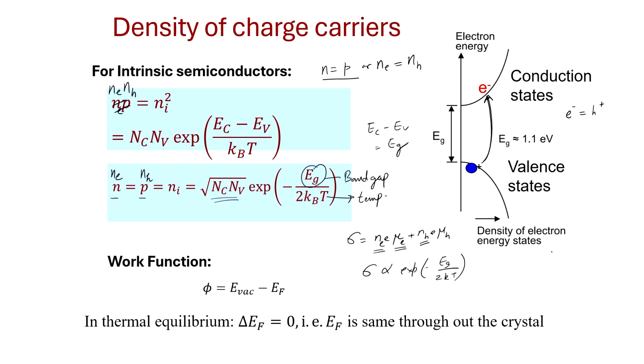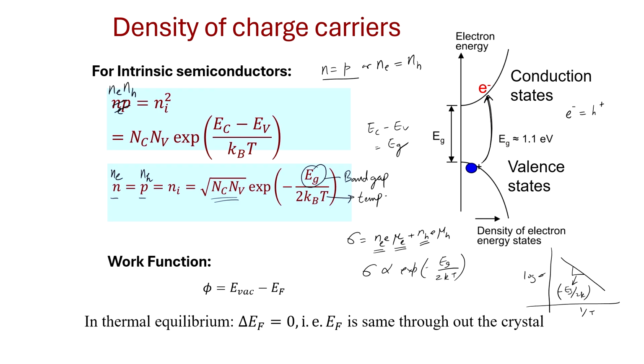If you plot log of sigma versus 1 over T, you will see that it is pretty much a straight line. So you can determine the band gap from the slope of this plot, and this tells us that the other temperature dependence is much weaker as compared to the exponential dependence.